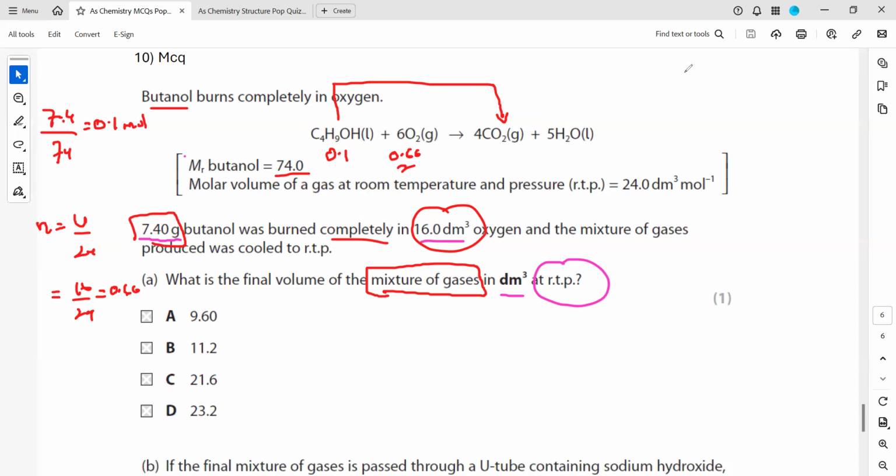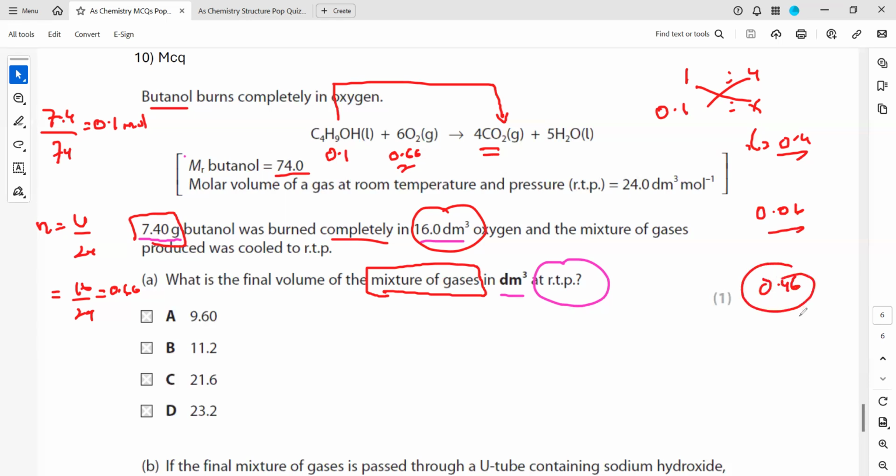We can simply use the ratio. What is the ratio between butanol and carbon dioxide? The ratio is 1:4. So if we have 0.1 mole, we cross multiply and get 0.4 mole of carbon dioxide. And the excess oxygen, the part which is left, because 1:6 is the ratio, we need 0.6. So how many moles of oxygen are left behind? 0.06.